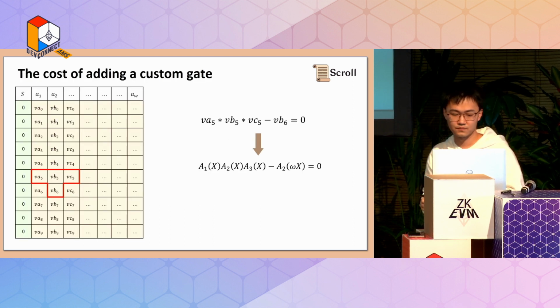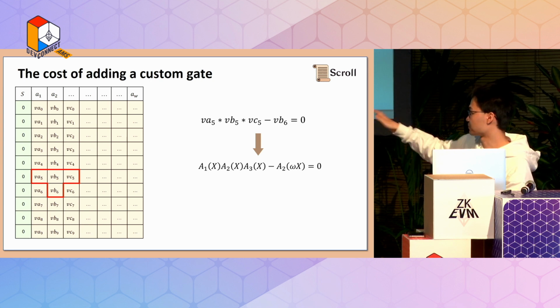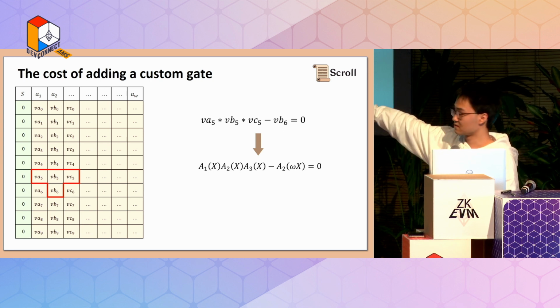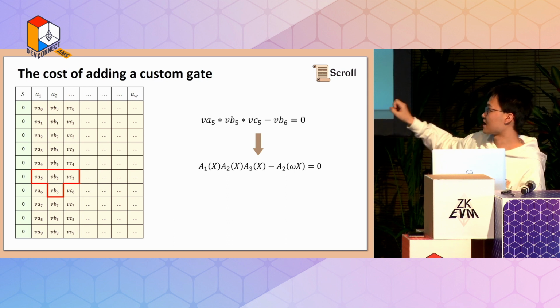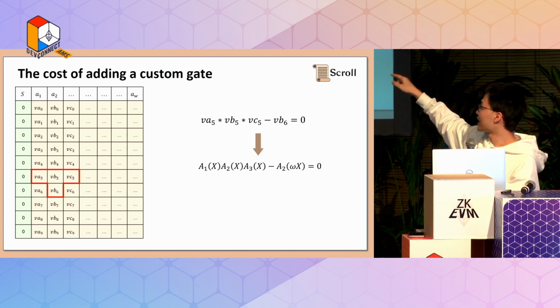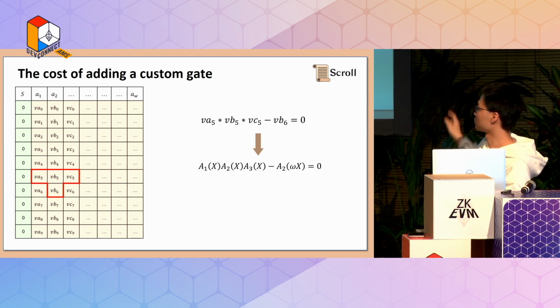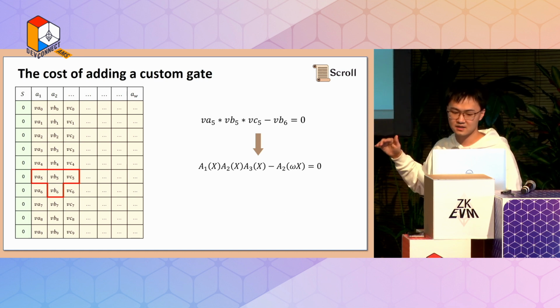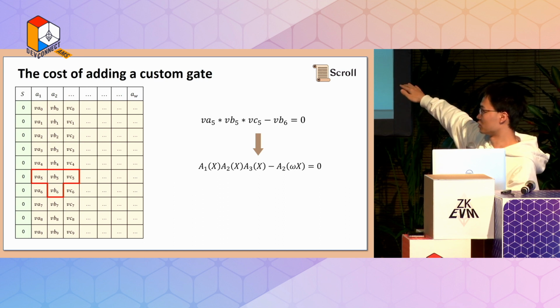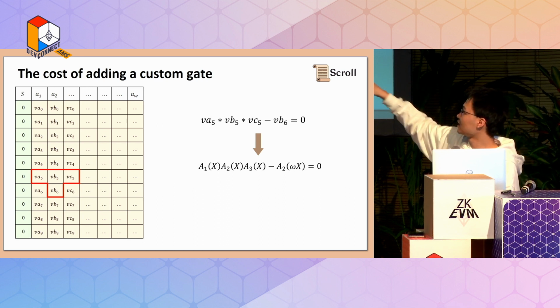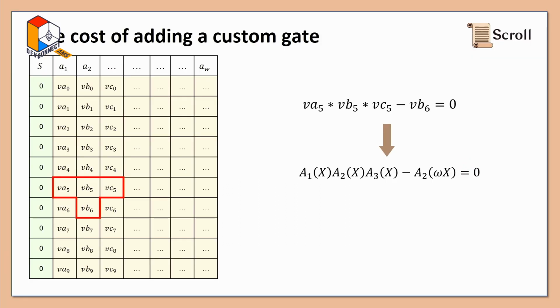So let's look at the cost of adding a custom gate. For example, you want to constrain that the cells within a region have some relationship. You write VA5 times VB5 times VC5 minus VB6 equal to 0. In the backend, you generate those polynomial relationships. A1 is the first column, A2 is the second column, A3 is the third column, and A2 omega means the second column in the next rotation.